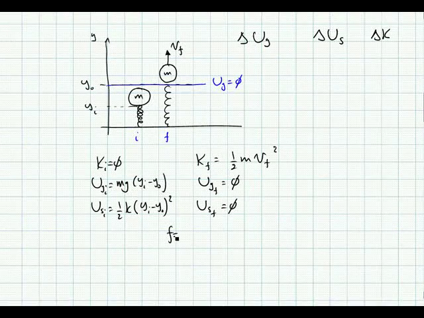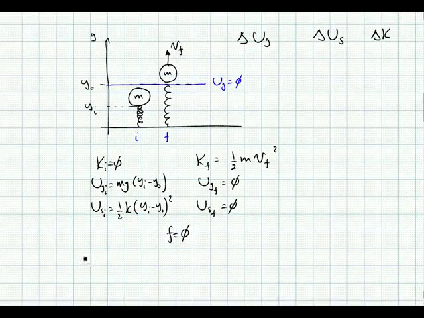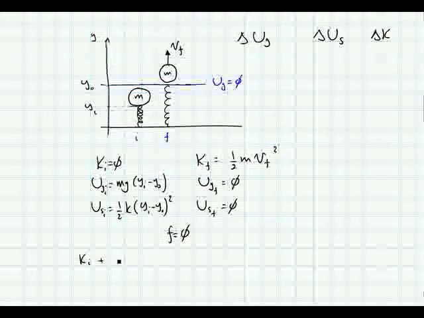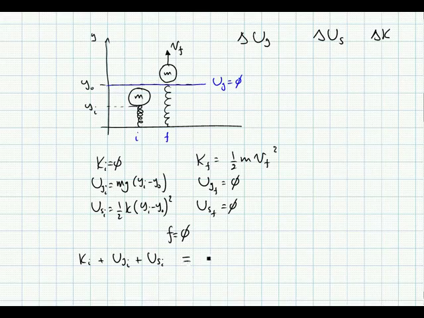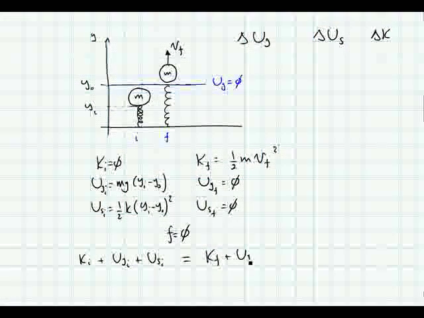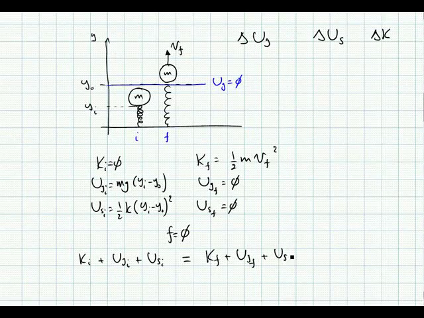Now in the absence of friction forces, we have k initial plus ug initial plus us initial equaling k final plus ug final plus us final.